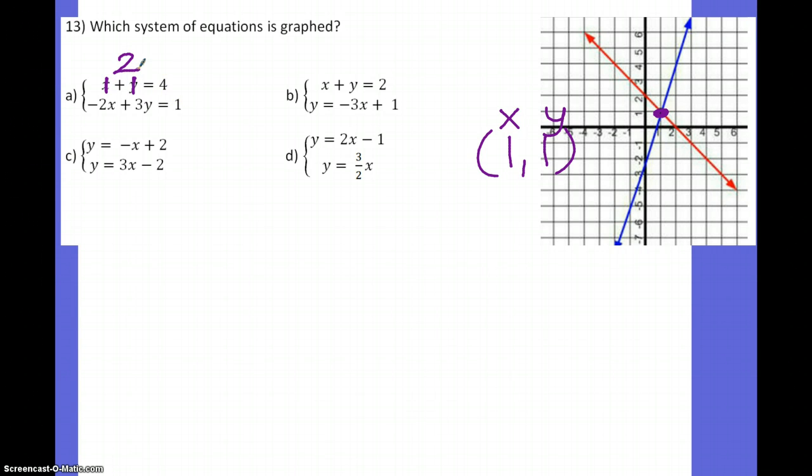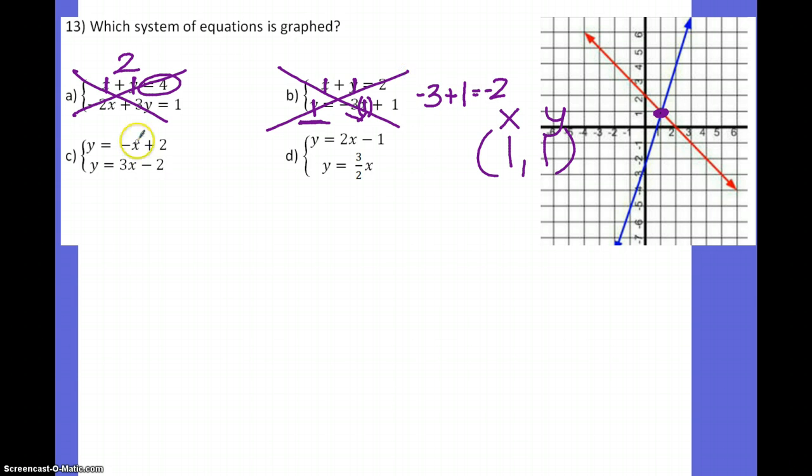We get 2. That does not equal 4. So A is out. The next one, if we put 1 and 1, 1 plus 1 is 2. So now I check it with the bottom one. Negative 3 times 1 is negative 3. Plus 1 more is negative 2. That did not get me a negative 1. Therefore, B is out.